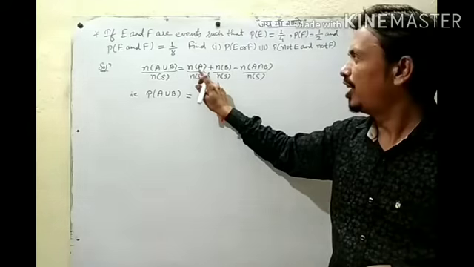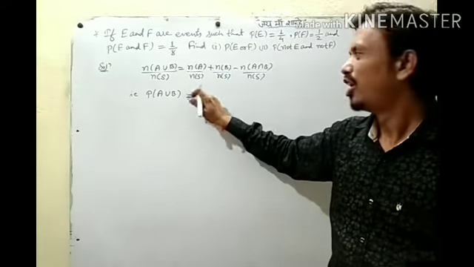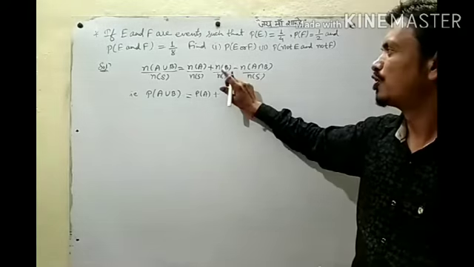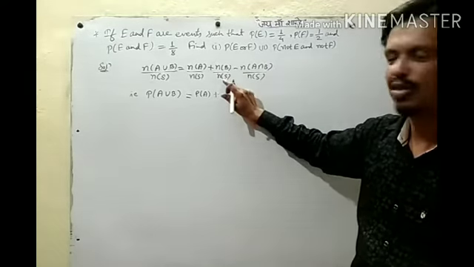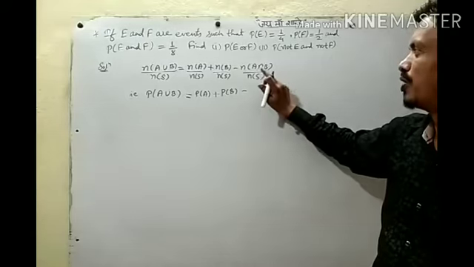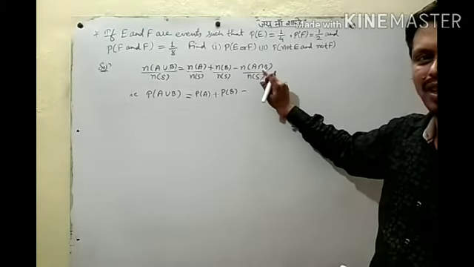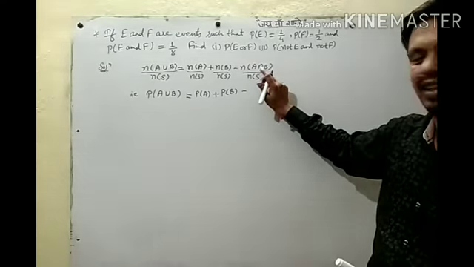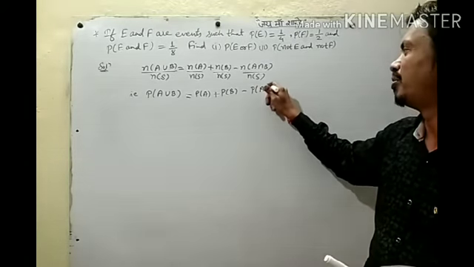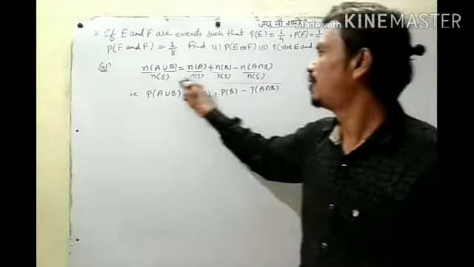Outcomes favorable to A upon total outcomes means probability of A. Outcomes favorable to B upon total outcomes, probability of B. Outcomes favorable to A and B, intersection means and, so we can say this probability of A and B. So we get this formula.